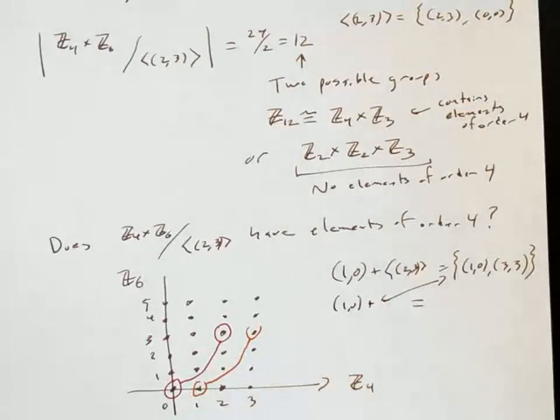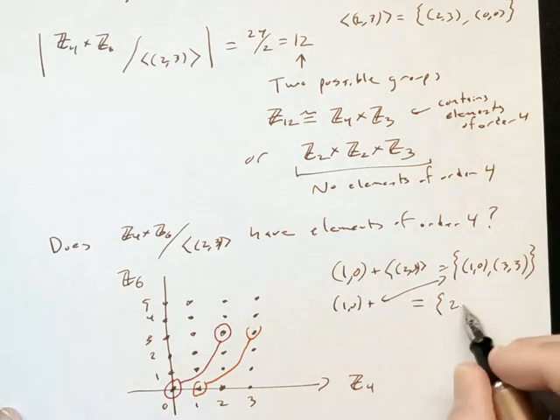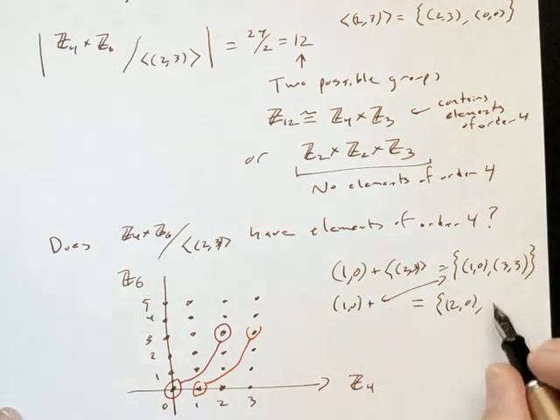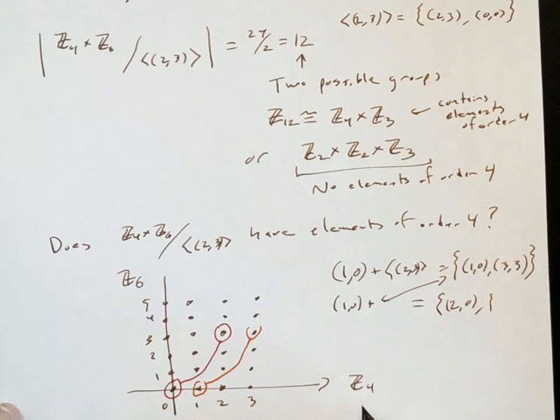What happens if I add 1, 0 again? Zero, and then 4, 3. I'm in Z4. So 0, 3.